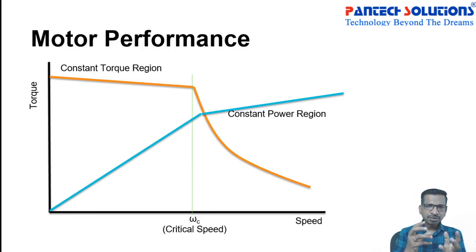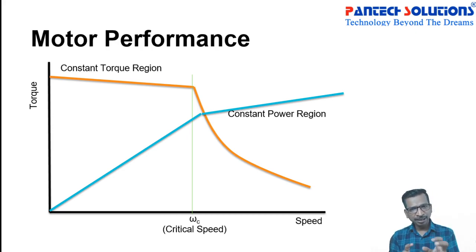If you drive your system within the below-critical-speed range, then you will get a constant torque. Similarly, if you drive your vehicle above the critical speed, you get the constant power region. In that region, both parameters, the speed of the vehicle and the torque of the vehicle, may change. So the point is, your control system should identify the maximum torque at a given speed range.